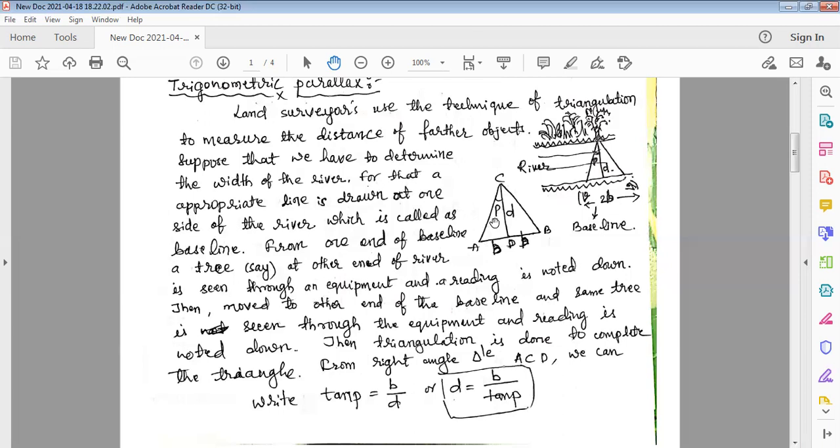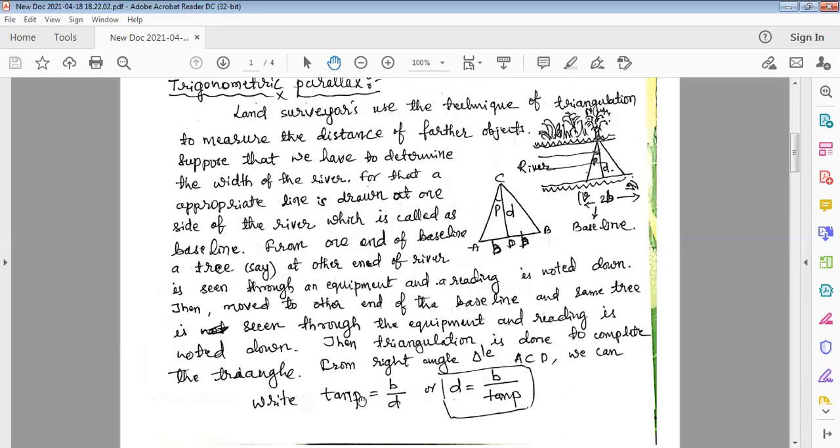So from this right angle triangle ADC, AD, half of the baseline, is known, and I want this D, which is the distance between the two sides of the river.